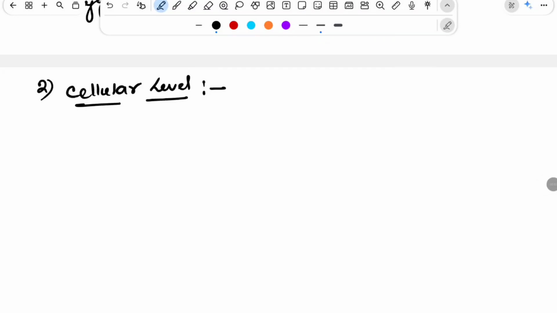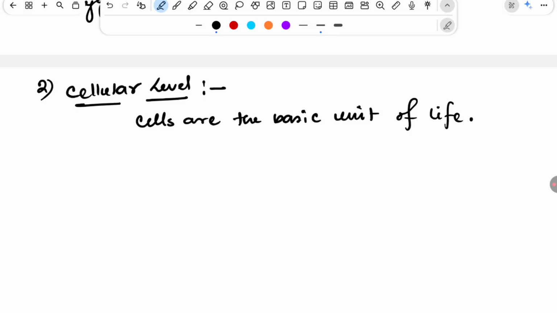In that we can write, cells are the basic unit of life. Okay, for example we can write nerve cell, muscle cell, etc.